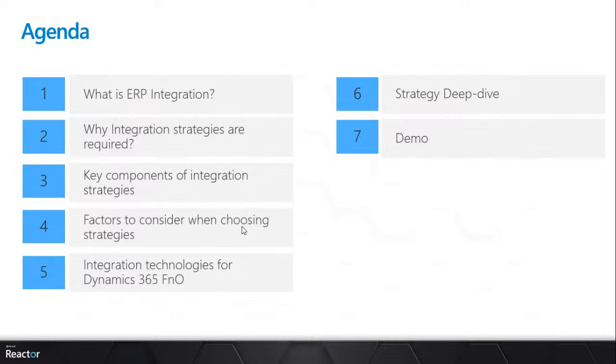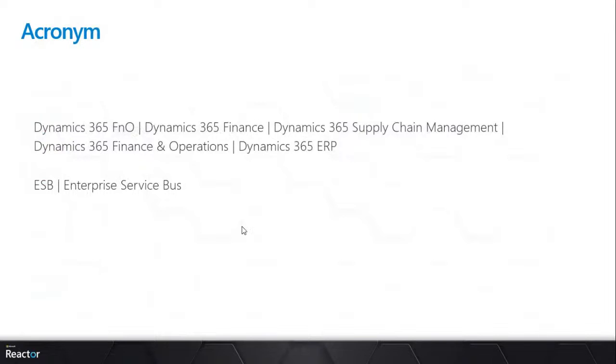Before I start the discussions, I would like to share a few acronyms which everybody is familiar with in the Dynamics 365 world. During the presentation, I will probably use a couple of acronyms: Dynamics 365 FNO, finance and supply chain management, or finance and operations, or Dynamics 365 ERP. All are connected to the same product. However, the product name has been evolving since Microsoft took over this product from Damgaard, and it keeps changing constantly.